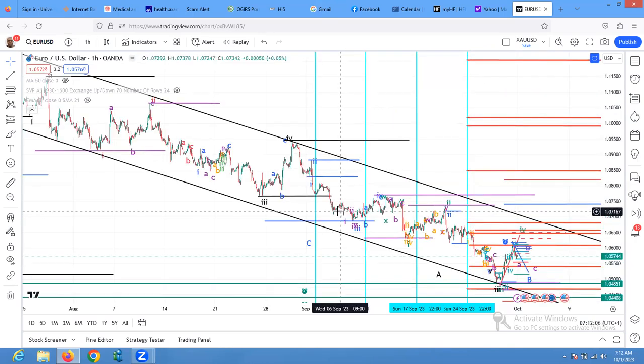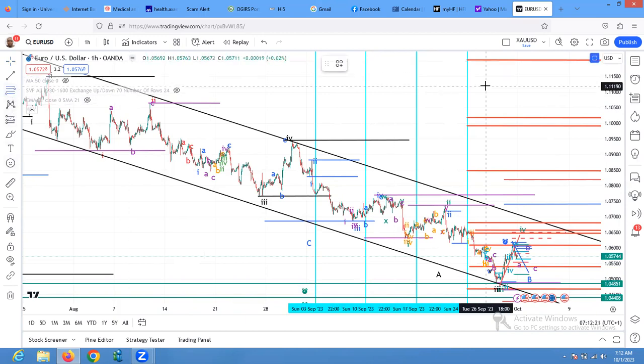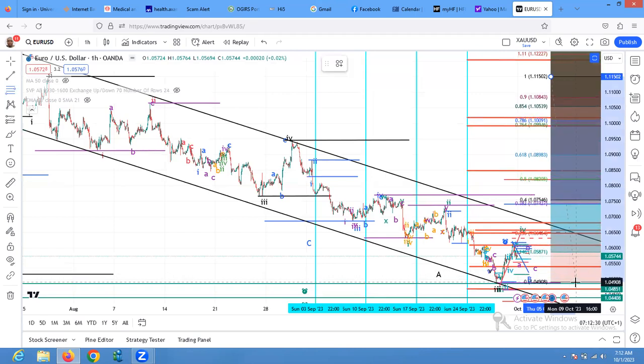So looking at euro dollar, at the purple here is where we had that turn. The black here, this is where 2 is. So, and if we take that as the possible point from the black, which is the 2, down to the purple, which is here, then our 4 should be around this blue, 38, which is very close to 2 here. 38 and not more than here, which is the 50.